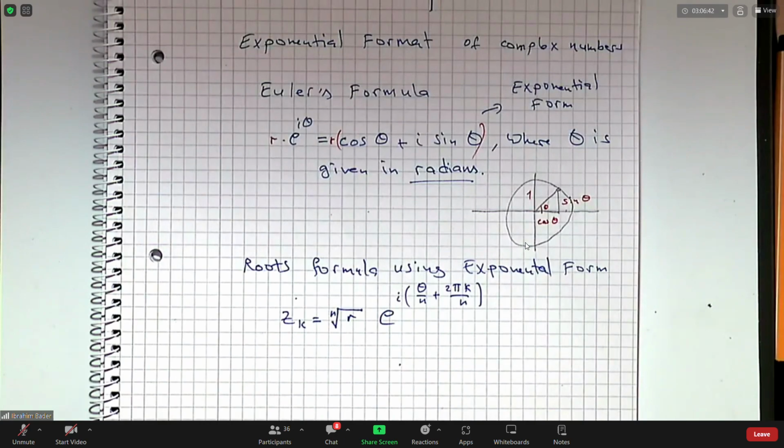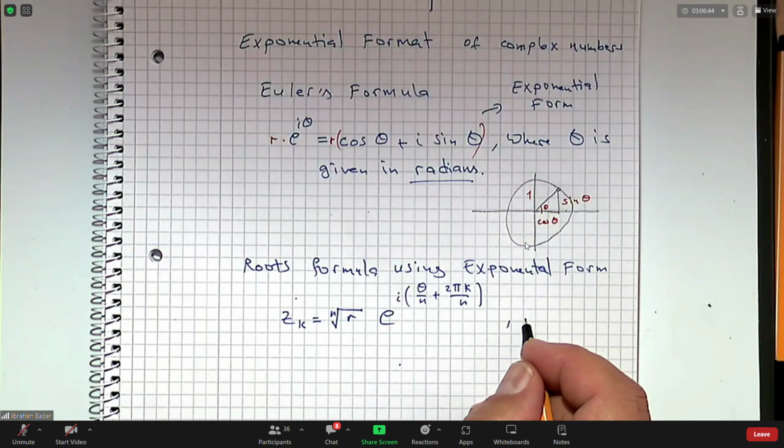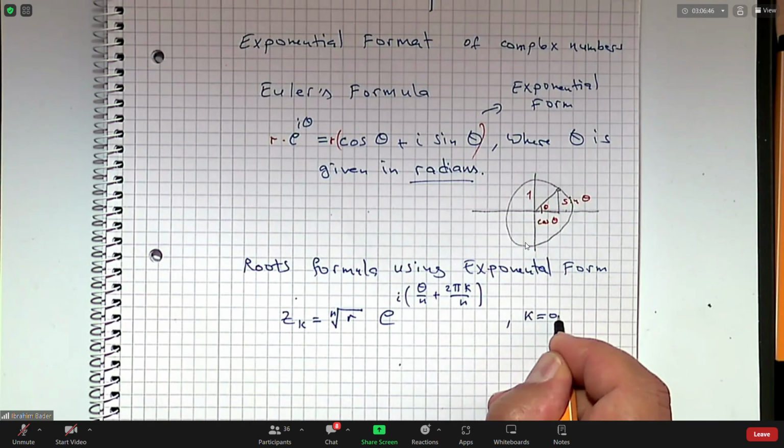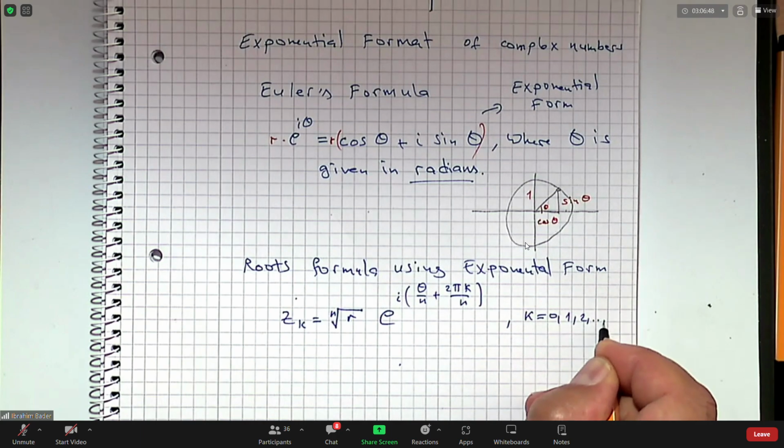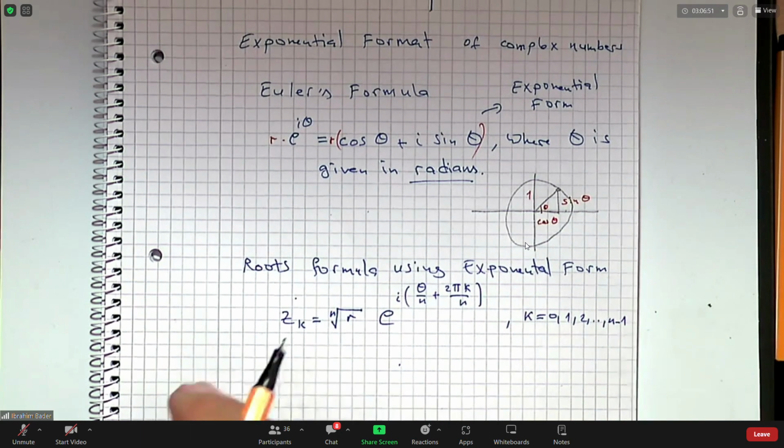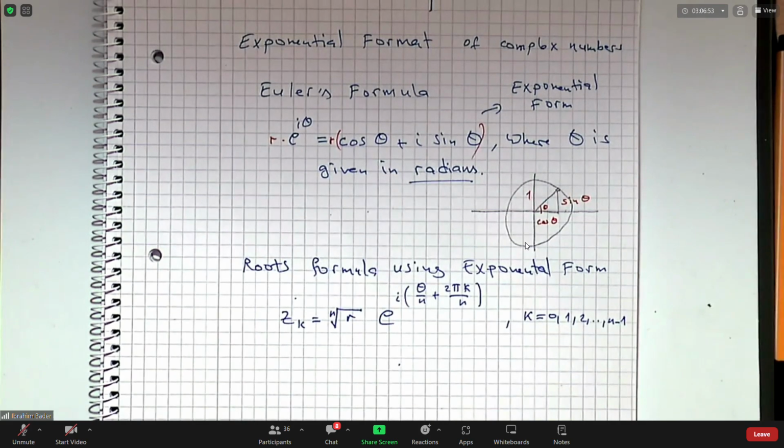It follows directly from the other formula. But please be careful: when you work with this formula, this theta here is in radians.